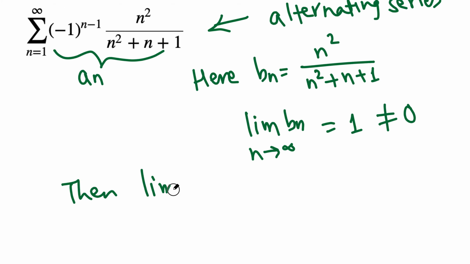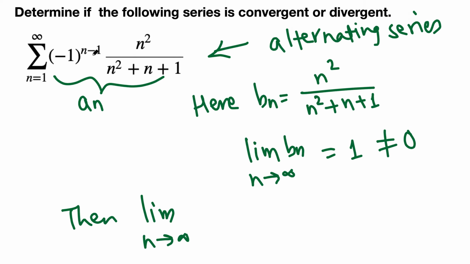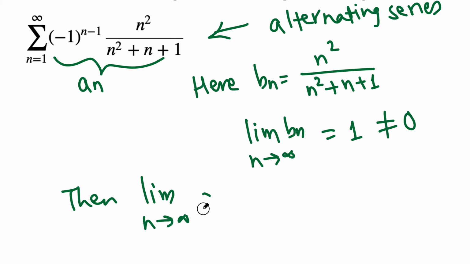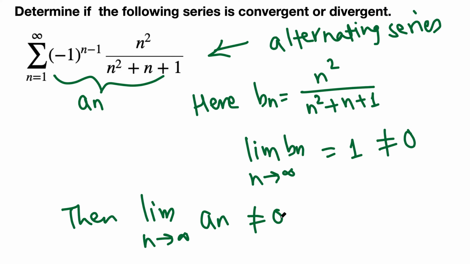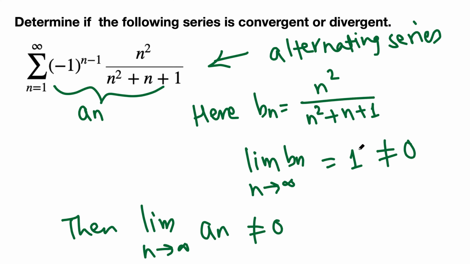Then the limit of the whole thing is not going to be 0, because this one does not contribute anything. It's just plus minus. So then the limit of a_n, the whole thing now, is not going to 0. In fact, we didn't have to do anything. We didn't have to even bring in the alternating series test.